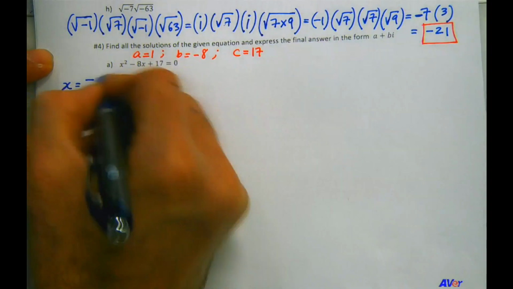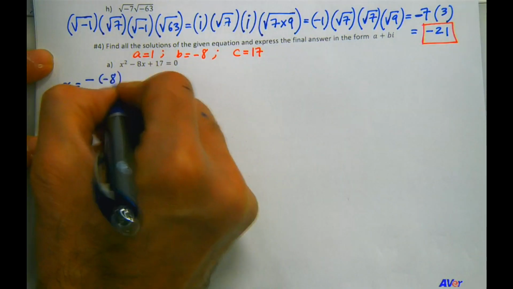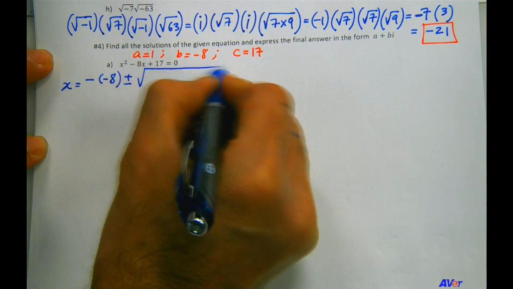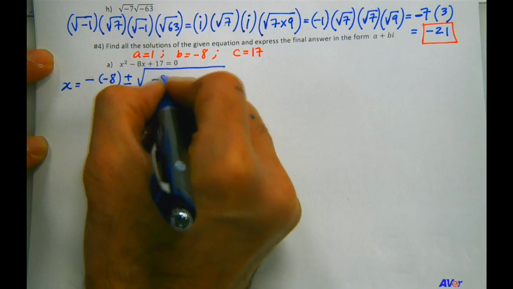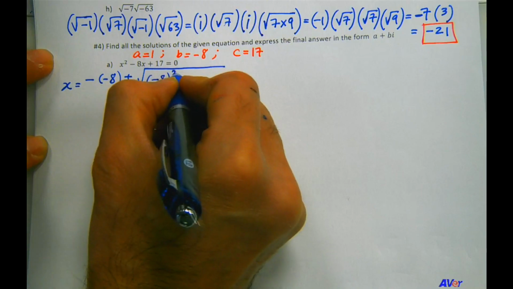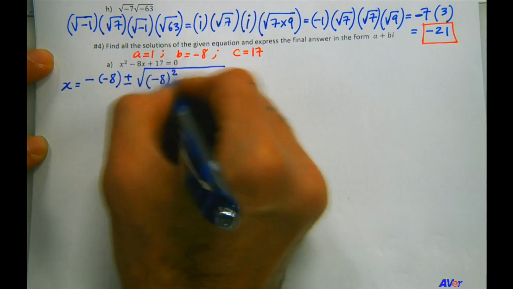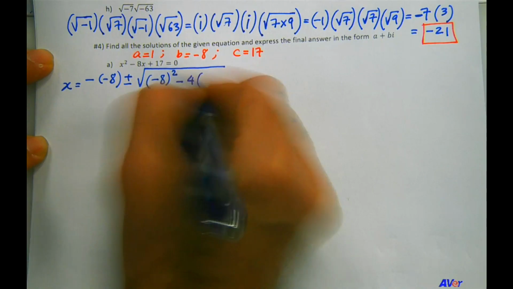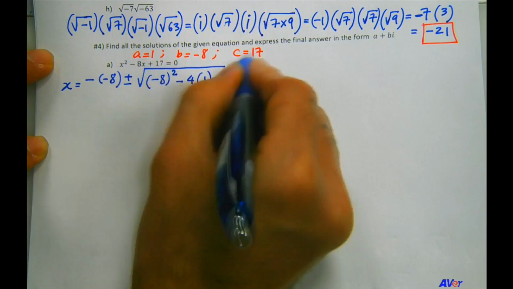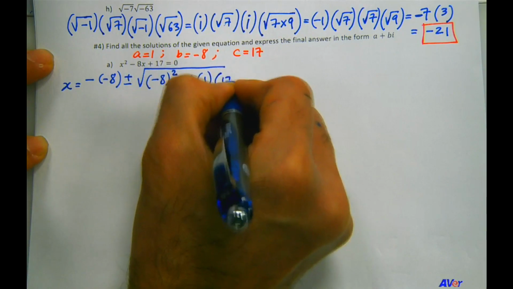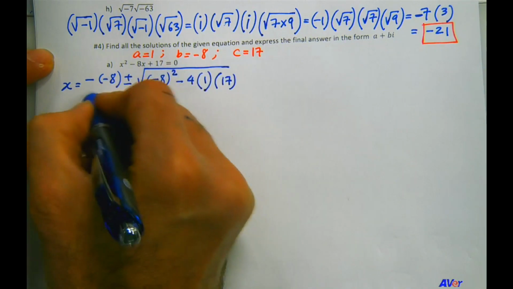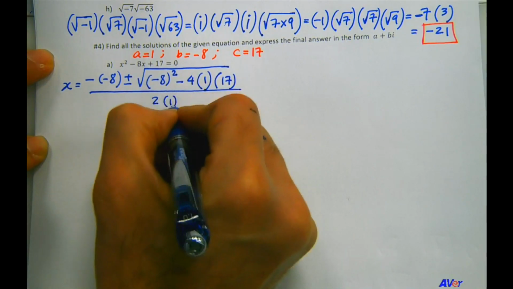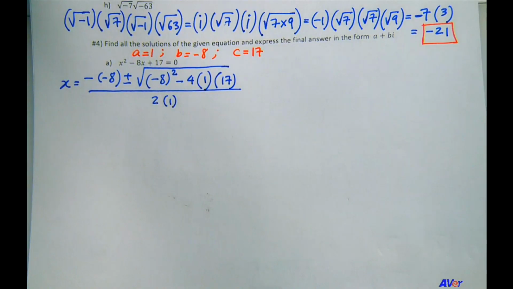Minus b is minus negative 8, plus or minus square root of b squared, or negative 8 squared, minus 4 times a times c, which is 17. All of that over 2a, 2 times 1. Okay.